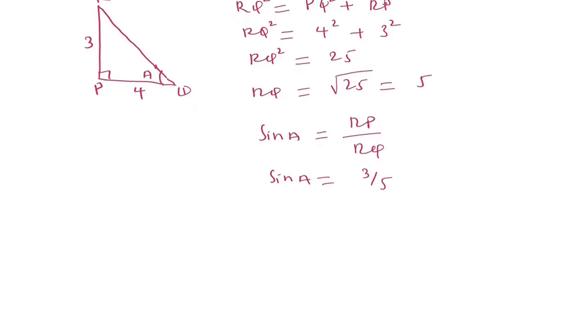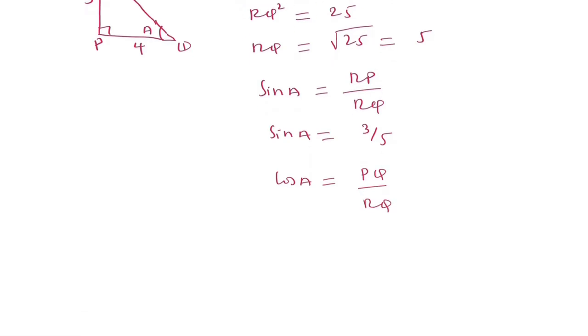And also we know that cos A equals adjacent side, in our case PQ, over hypotenuse side, in our case RQ. Substituting this, we are having cos A equals 4 over 5. And these are going to be our answers.